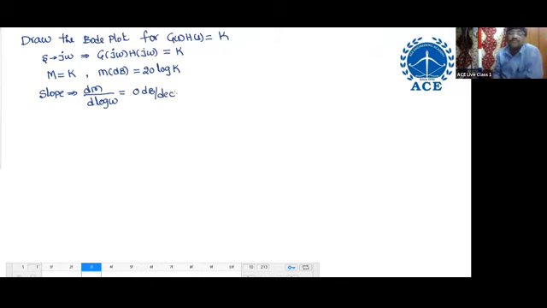What is the meaning of a 0 dB per decade slope? In a decade of frequency, that means 0.1 to 1, the change in magnitude is 0. That means it is a straight line.